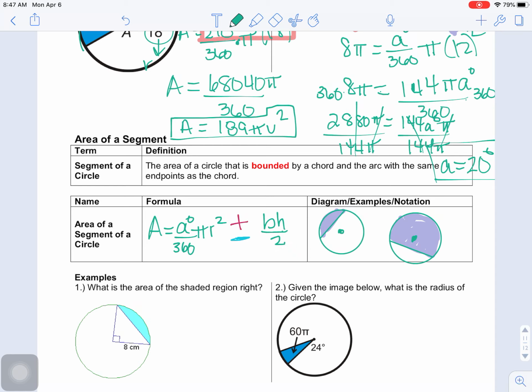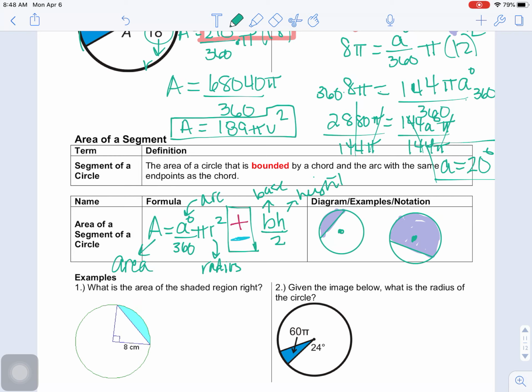Let me identify what my variables represent. This is the measure of the arc. R is our radius. A will always be our area, capital A. And then this is our area of a triangle formula, so base and height. This plus or minus is key, depending on what we're looking at.